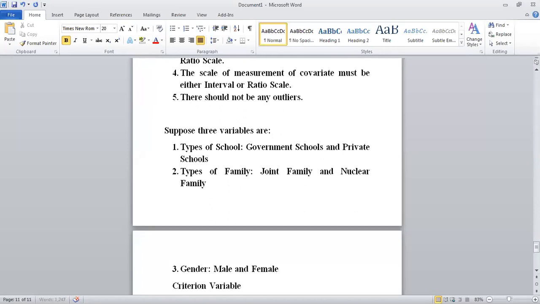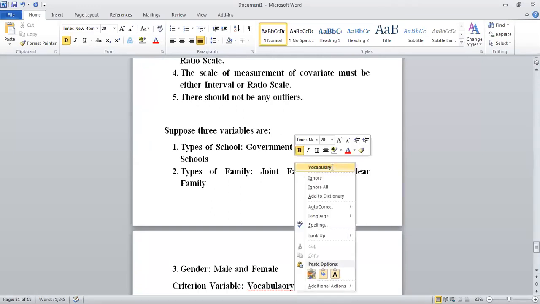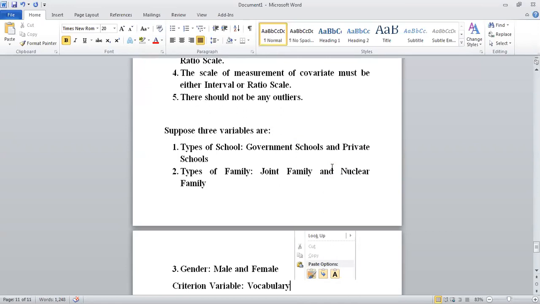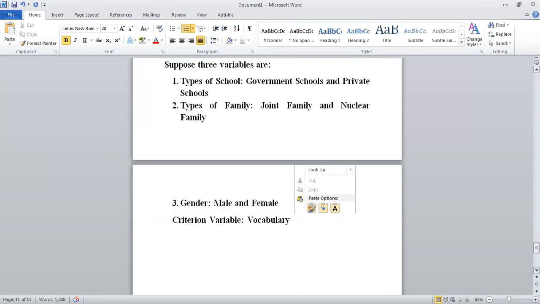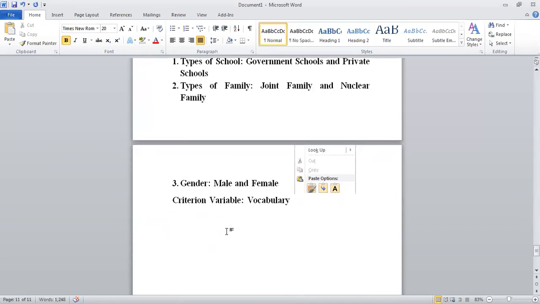Suppose the criterion variable, I decide it to be vocabulary. And if I say the criterion variable is vocabulary, you know very well that you can definitely find out the vocabulary of the students.